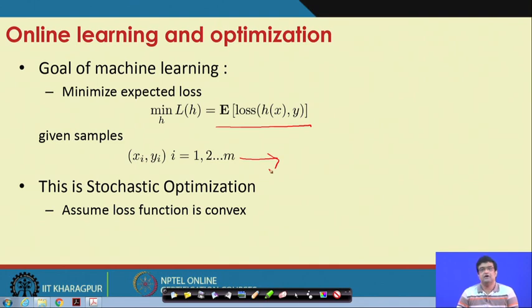However, we need not use all of them at each step. If we use all the m samples to compute the gradient of the objective function at each step, it will be very time consuming. So, instead of using all samples, we can use a few or even one sample at each iteration, and still we will be able to reach the optimum of the total loss function.